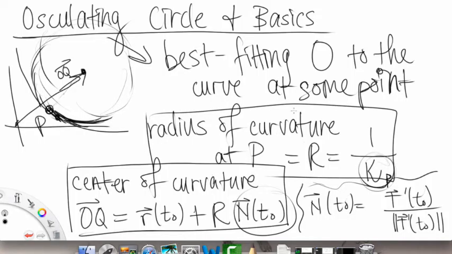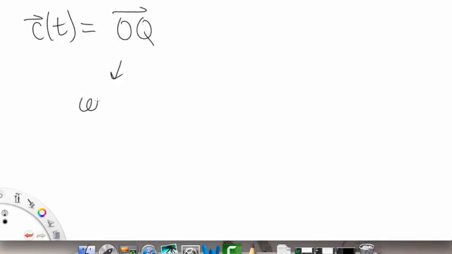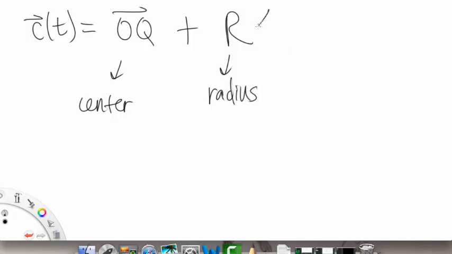So how do we put it all together? Once you get the radius and the center, we combine them in a parameterization for the osculating circle. Our parameterization is going to look like the center of curvature, plus the radius of curvature times cosine t and sine t.